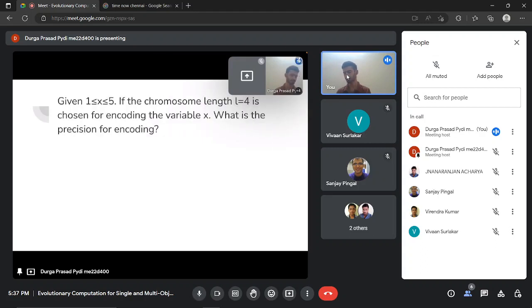Just for the previous case, I think we have heard about the decision precision. Can you just explain what precision is meant? Anyone of you?